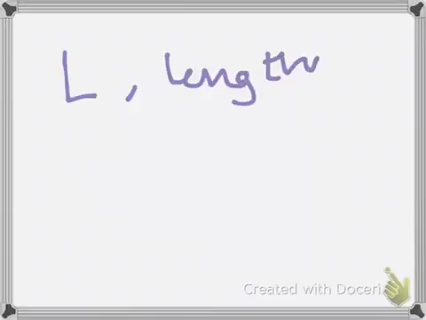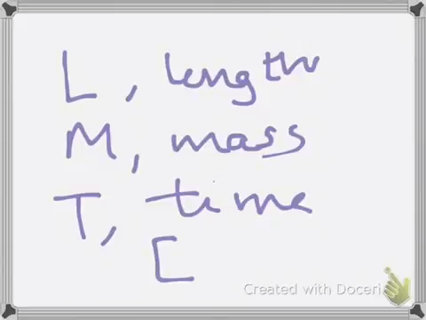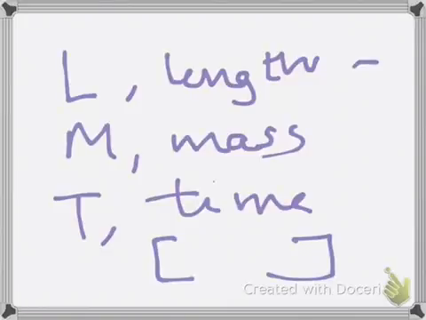Alright. So for determining the dimensions of physical quantities, they are represented by capital L for length, capital M for mass, and T for time, all enclosed within square brackets. Okay, and we also have I for current and C for luminous intensity.